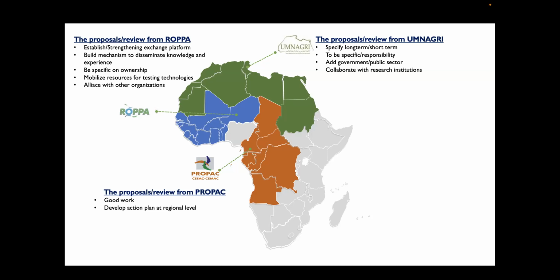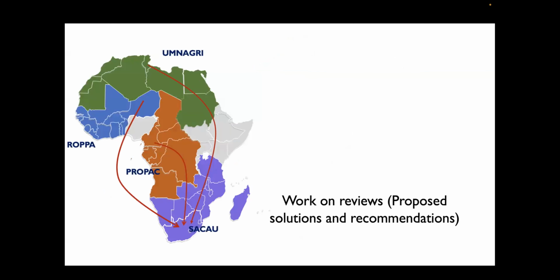Unfortunately, we didn't have people from EAFF at least for this meeting, and SACAU, because they were the ones presenting their action plan. So sometimes it wasn't relevant for them to be here criticizing or revising something that they have developed themselves. So I think we got all the reviews from three regional farm organizations: from ROPPA, from PROPAC, from UMNAGRI.